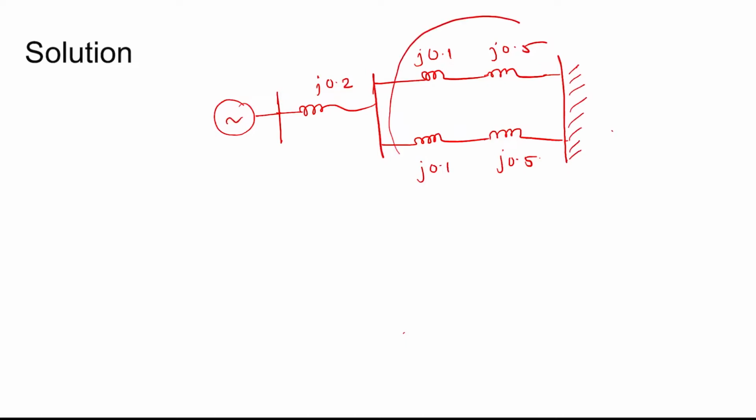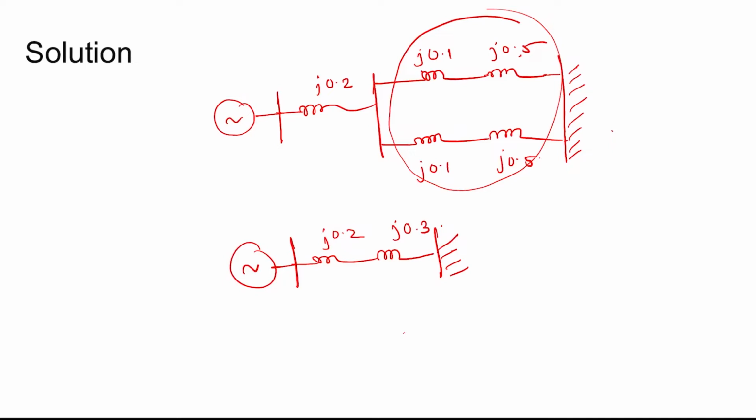Then these two are in parallel, so we can write j0.2 and j0.6 in parallel, which gives 0.3, and this is the bus like this. So this is nothing but j0.5.